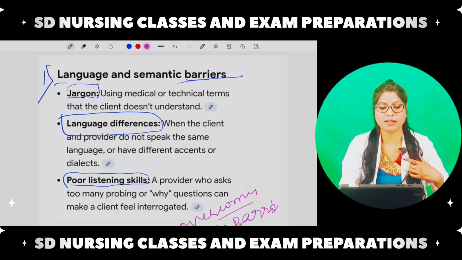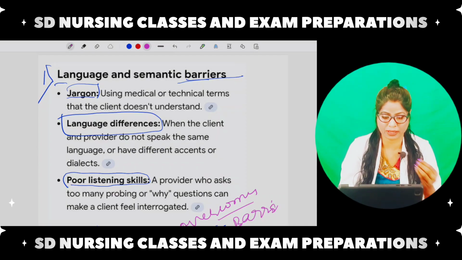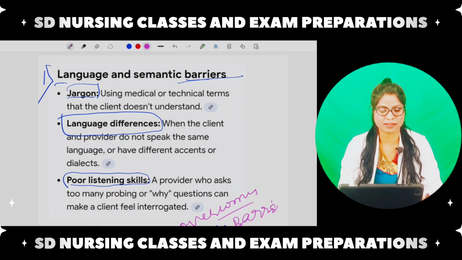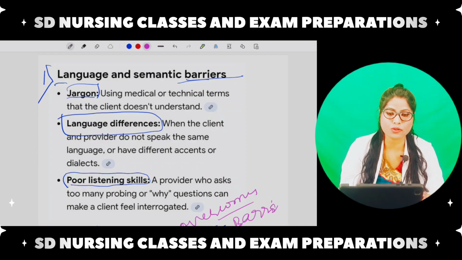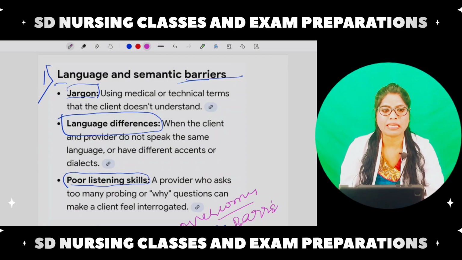This is jargon with anybody; because we are studying mental health nursing, I am taking the patient or client example, but whomever we talk to, it applies.